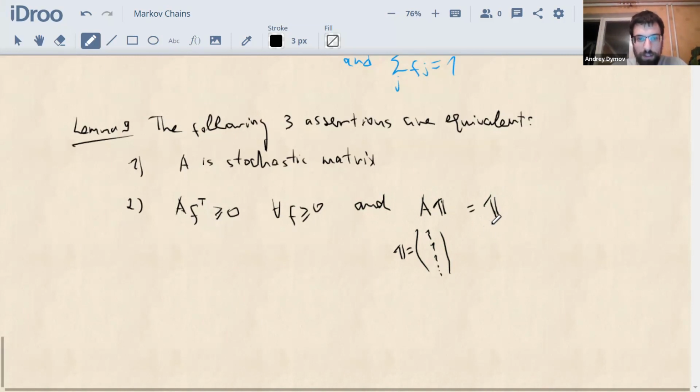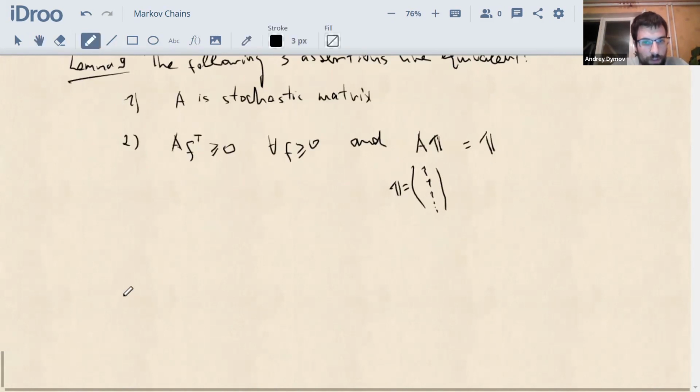Actually, this exactly means that the sum of elements of the matrix A over each row equals 1. In other words, 1 is the right eigenvector with eigenvalue 1.